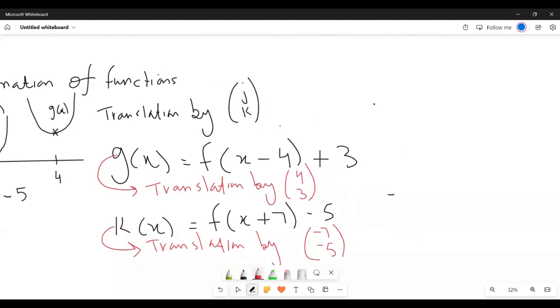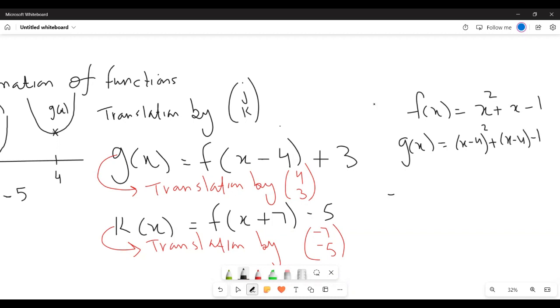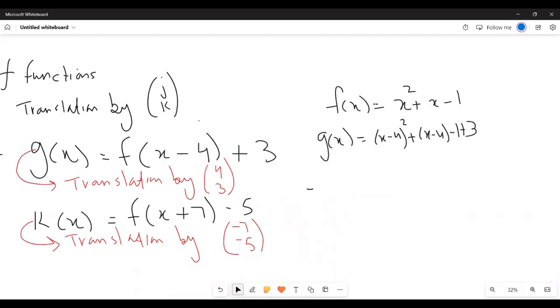Now let's say f(x) were given to you and it was x squared plus x minus 1. Then g(x) would be, x is changing into x - 4, so (x - 4) squared plus (x - 4) minus 1, and then add 3 to it as well, and then simplify it. Can you tell me what k(x) will be?